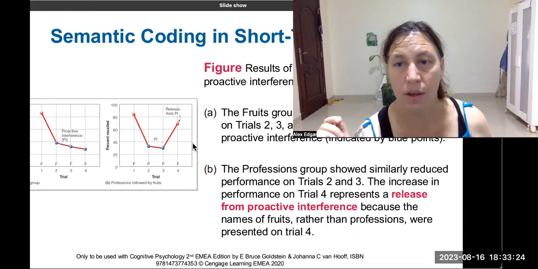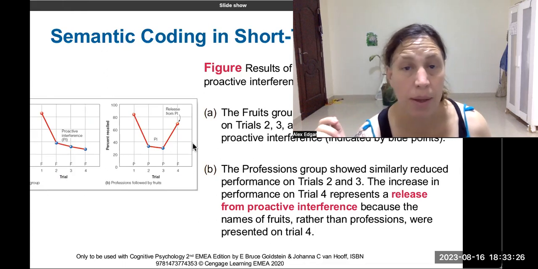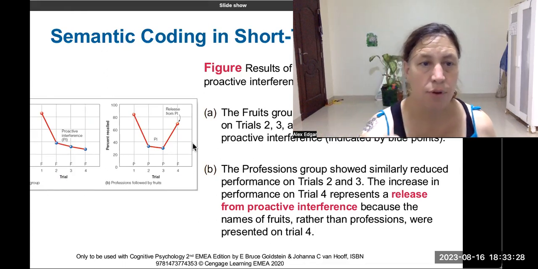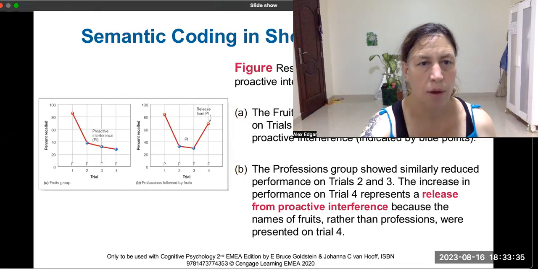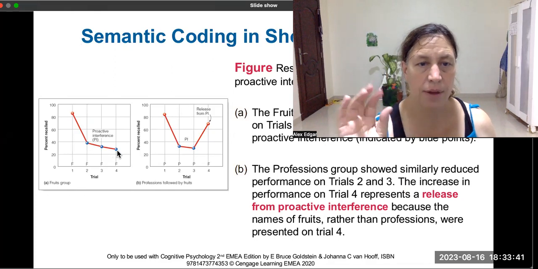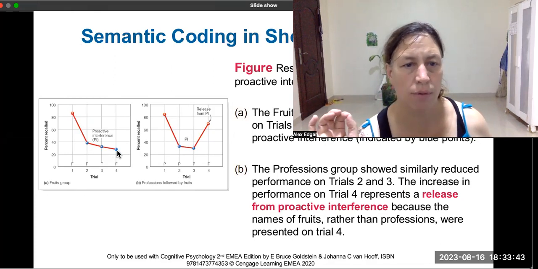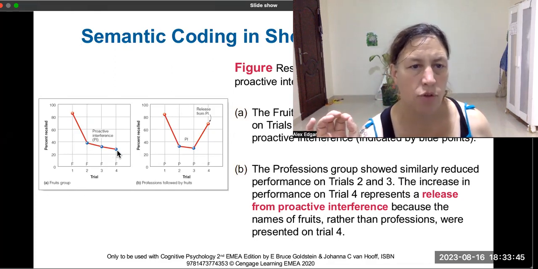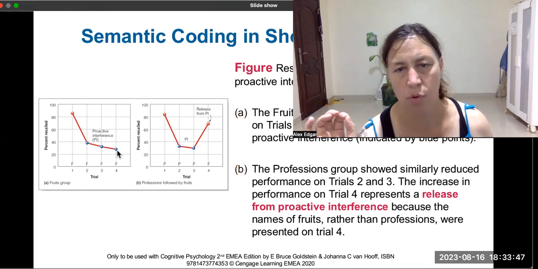This is semantic coding, remembering information. The fruits group, can you see the first trial is up there, round about 80 to 90% recall, and then it decreases until the last set of fruits that was presented in trial 4, it's about 20 to 30% recalled.